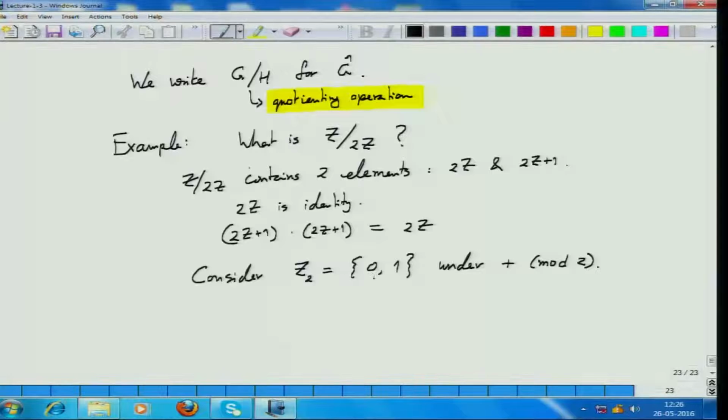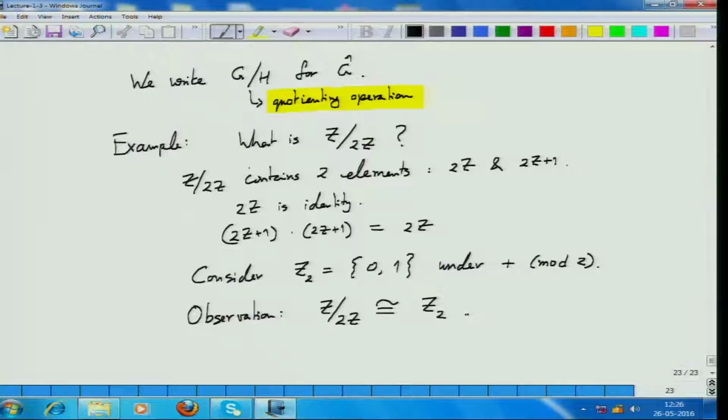So, for this operation, 0 is the identity and 1 plus 1 is 0, and that completely describes this group. So, do you see similarity between Z2 and Z by 2Z? What is the similarity? Yes, it is isomorphic to Z2. We already have that notion now.